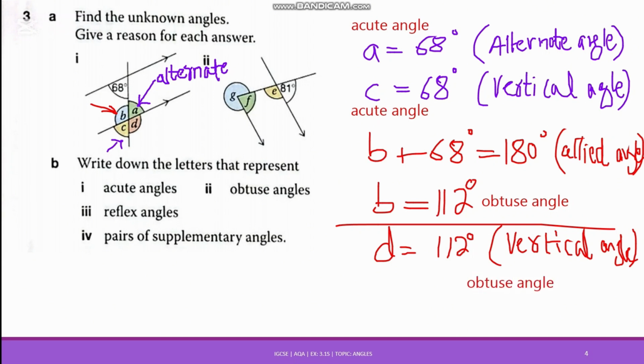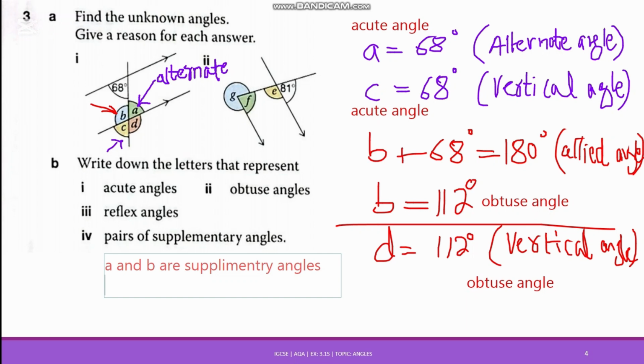Now if we see which two angles are actually supplementary angles, so the supplementary angles are the angles that are added up to 180 degrees. So actually the pairs A and B are supplementary angles. Also, each two angles which are on a straight line will be called pairs of supplementary angles.